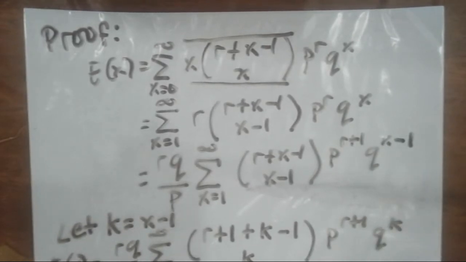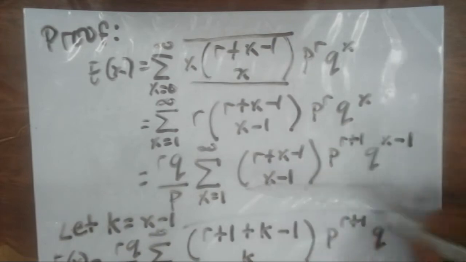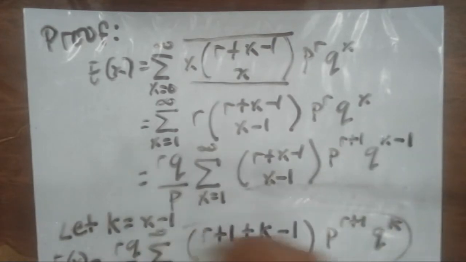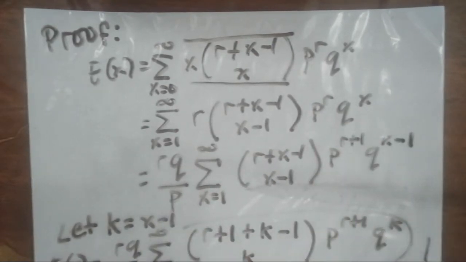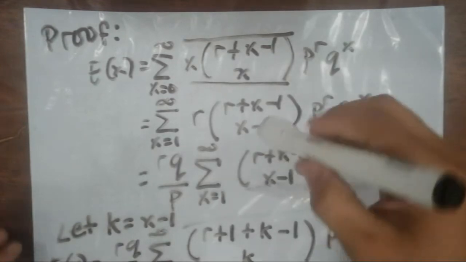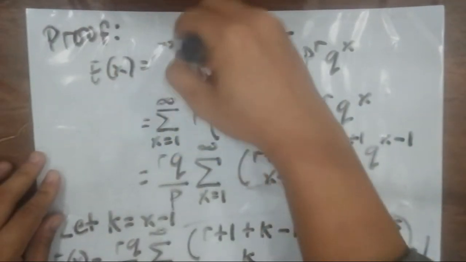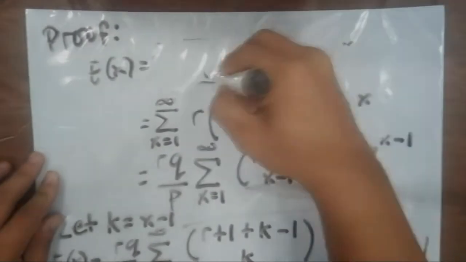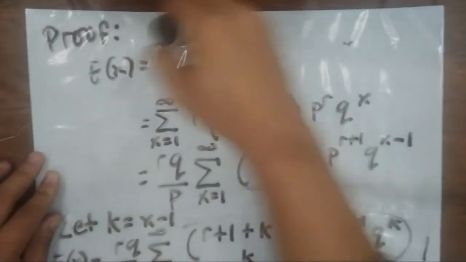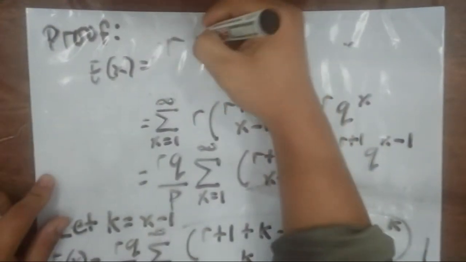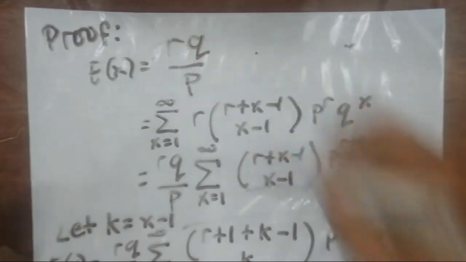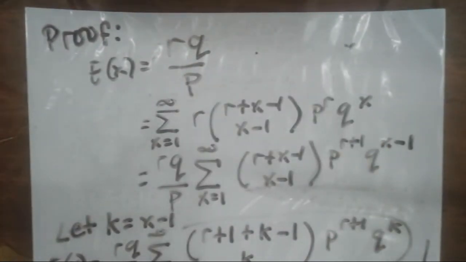And as you can see, this summation is equal to 1. So our expectation is equal to r q over p, and we're done with the expectation.